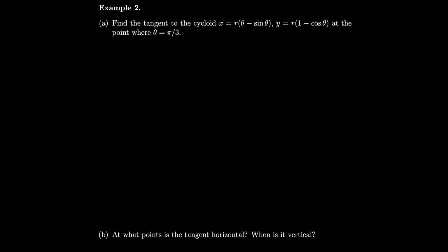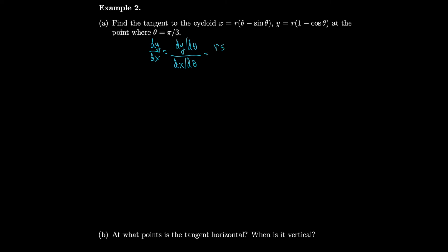Let's find the tangent to the cycloid x equals r times (theta - sine theta), y equals r times (1 - cosine theta), at the point where theta is pi over 3. So we should find dy/dx. And that's, in this case, dy/d theta, because we're using theta instead of t for our parameter, over dx/d theta.